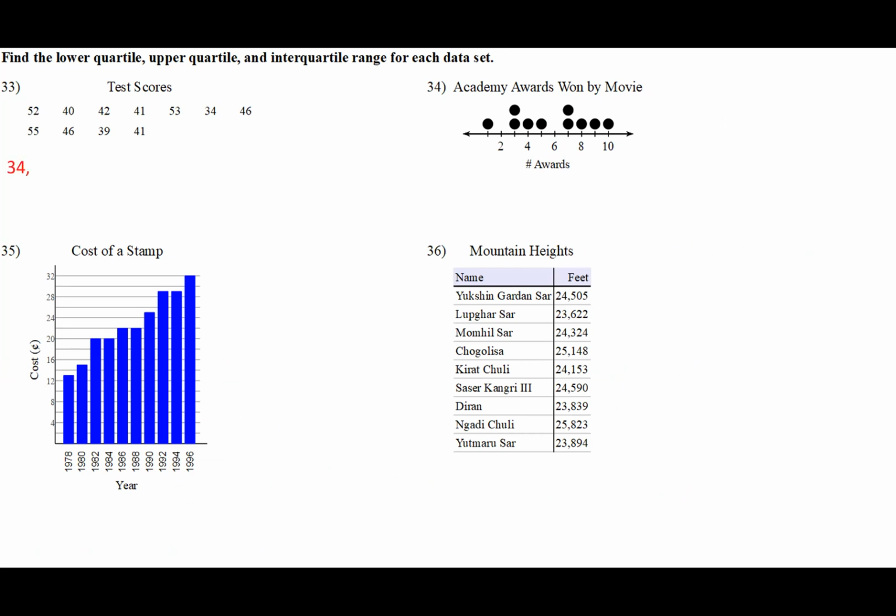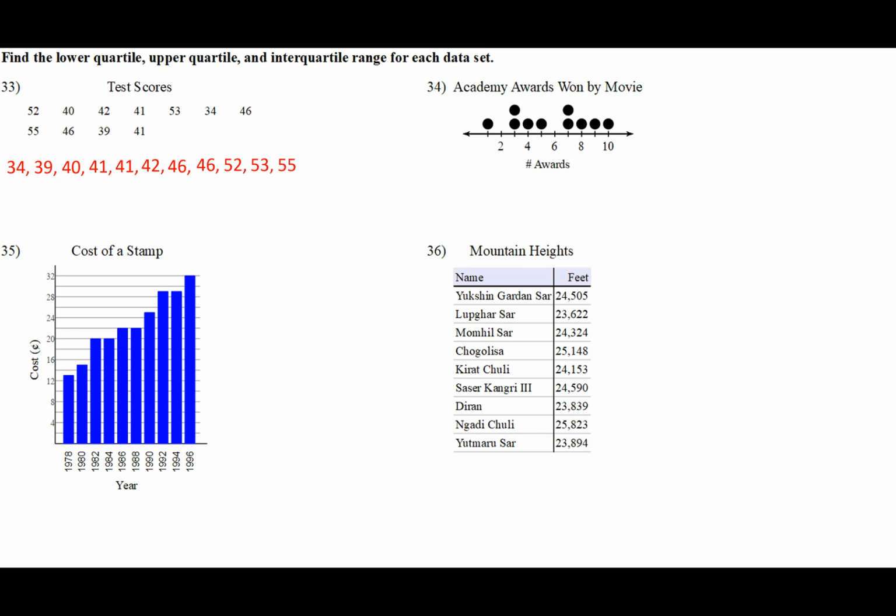In the 30s, I also see a 39. Now in the 40s, I see 40, 41, 41, 42, 46, and 46. When it comes to the 50s, I see 52, 53, 55. Again, I just went from small to large.